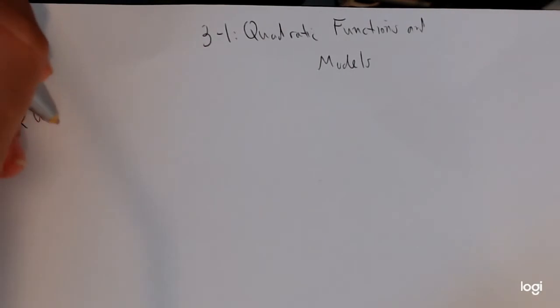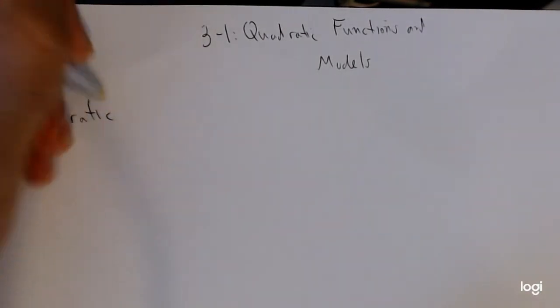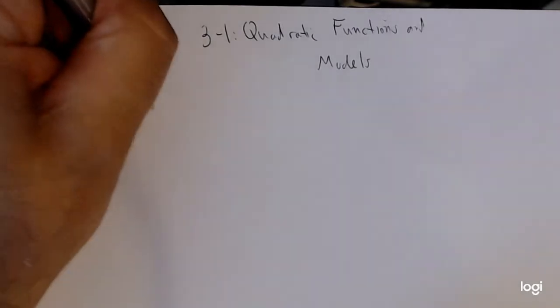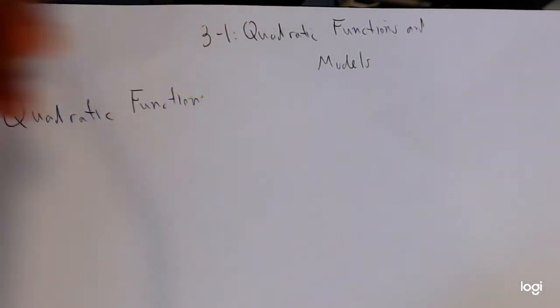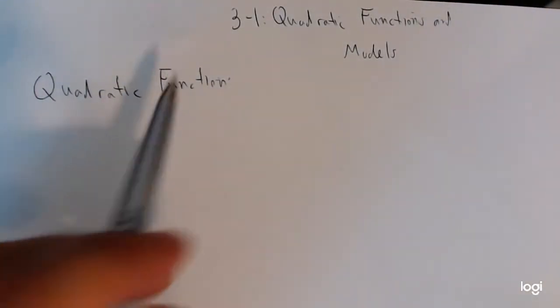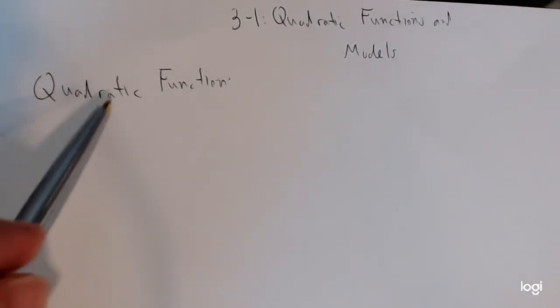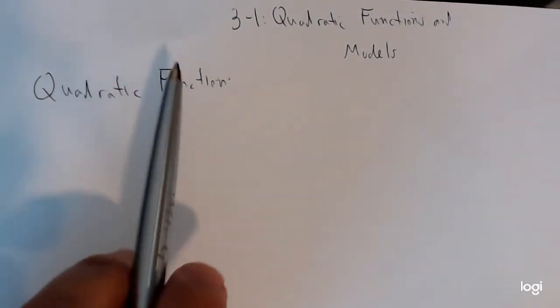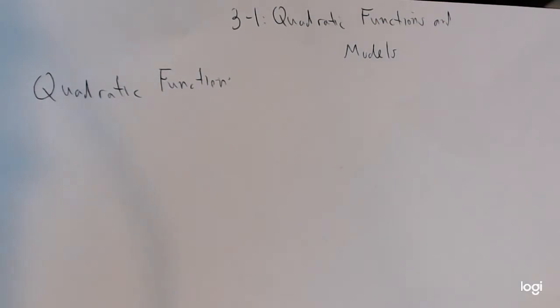So let's start off by talking about what it is when we have a quadratic function. Whenever you hear the name quadratic function, you need to think of a function where the highest degree is of power 2.